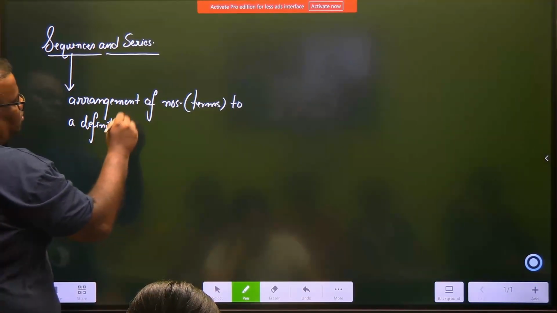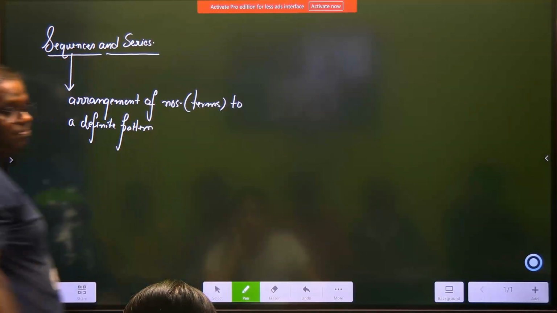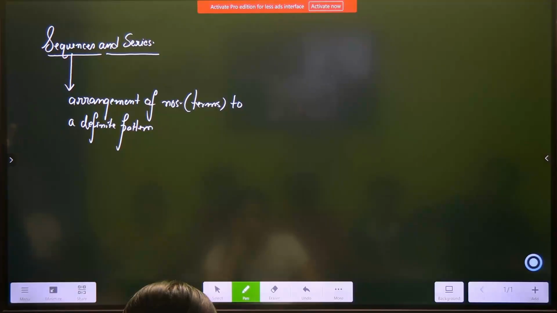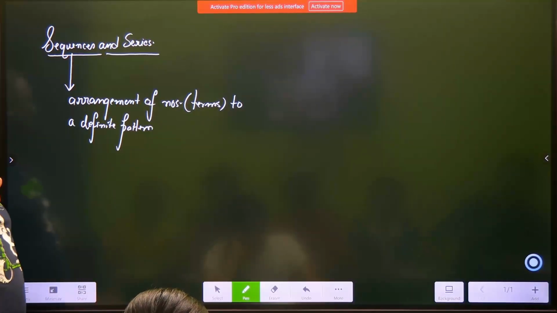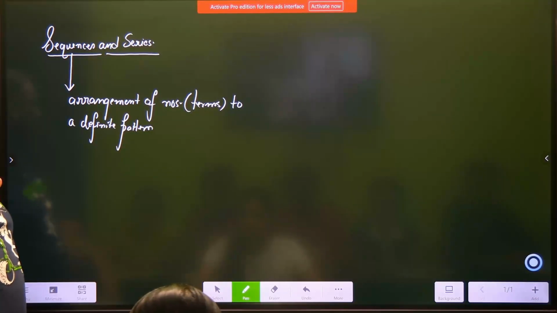First of all, understand this. If you have some numbers or numbers represented by terms, and you can arrange them in a definite pattern, meaning a defined pattern, then we call that a sequence.